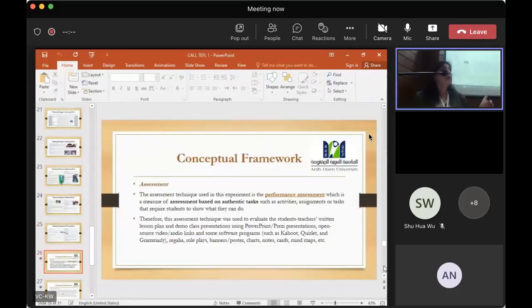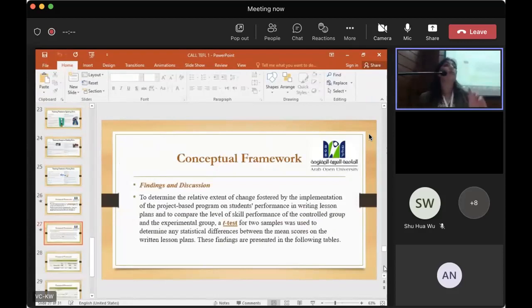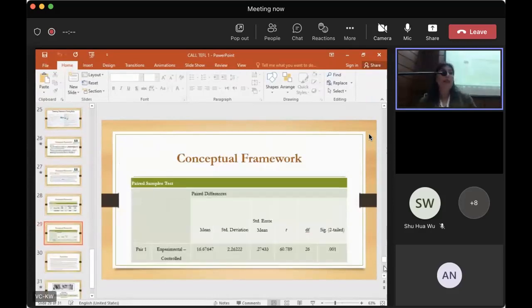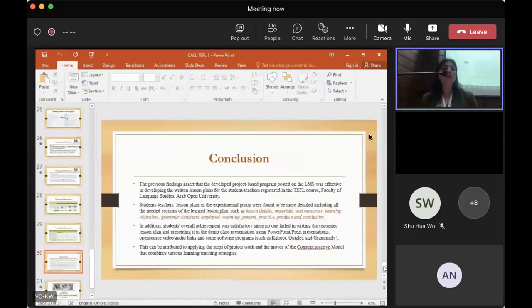The assessment performed in this experiment was performance assessment based on authentic tasks, which is designing a lesson plan, and a t-test was performed to compare the results of the students from the control group and the experimental group, and this is the test score with the standard deviation.